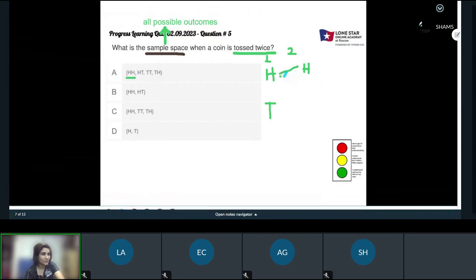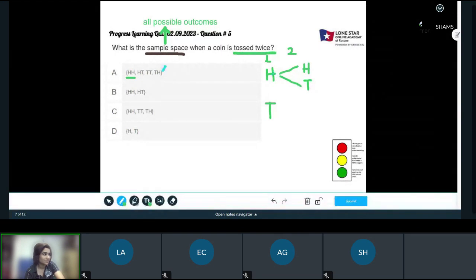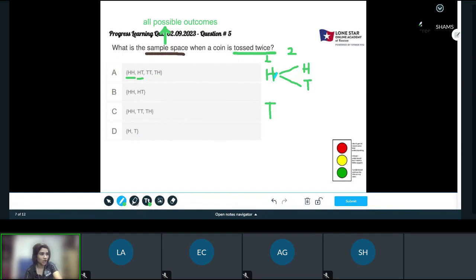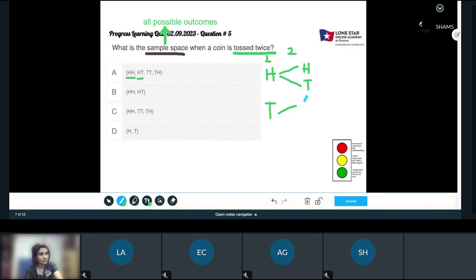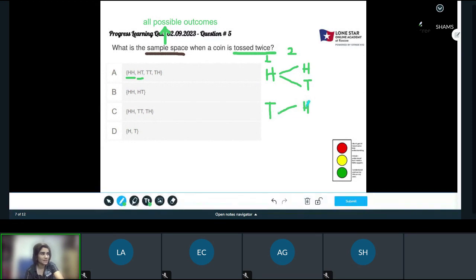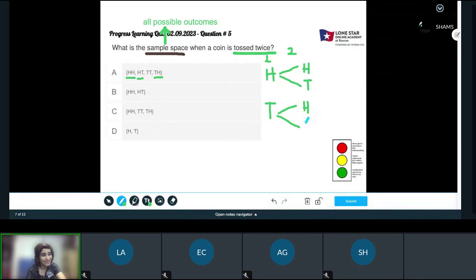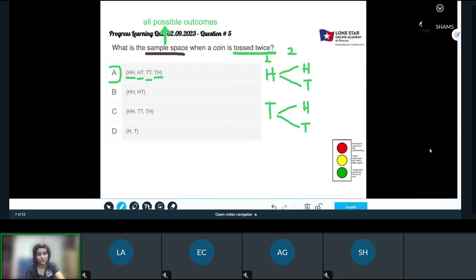Or you might end up getting tails. Then you have heads, tails. See? Heads, tails. Or you never got heads in the first toss, you got tails in the first toss. Then you can end up getting heads in the second toss. So that makes tails and then heads. Or you might end up getting tails in the first toss and then tails again in the second toss. These are all possible outcomes in answer choice A using the tree diagram.